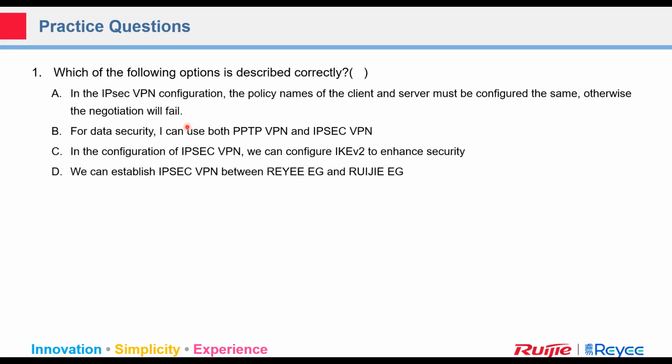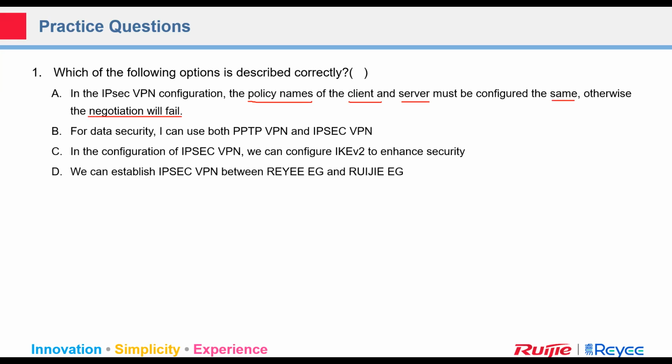Okay, let's go through the answers one by one. So A, the IPsec VPN configuration: the policy name for client and server must be the same, otherwise the condition will fail.